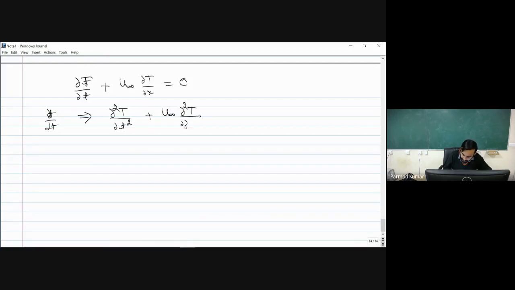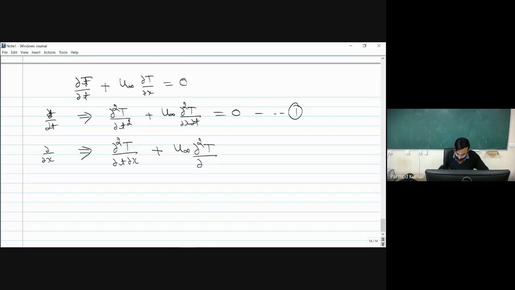Say this is my number 1. Then if I now take the derivative with reference to del by del x, then I find del square T by del t del x plus u infinity times del square T divided by del x square equal to 0.